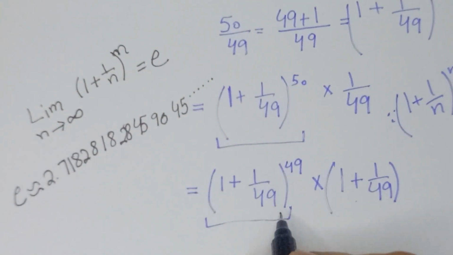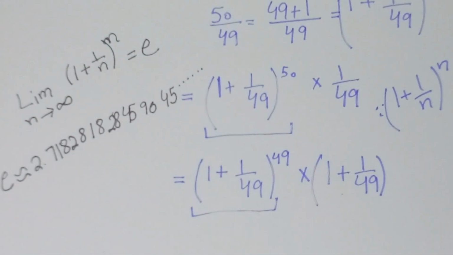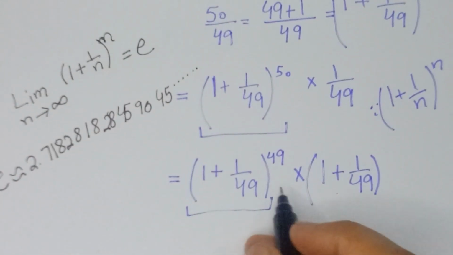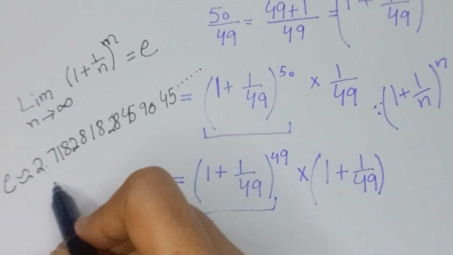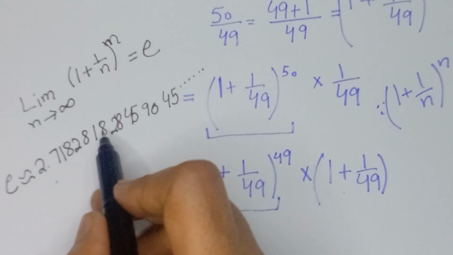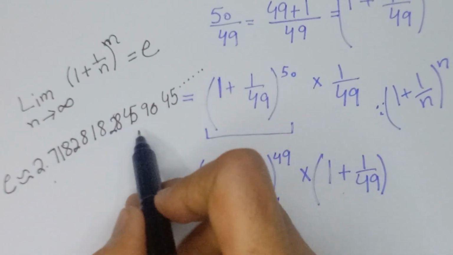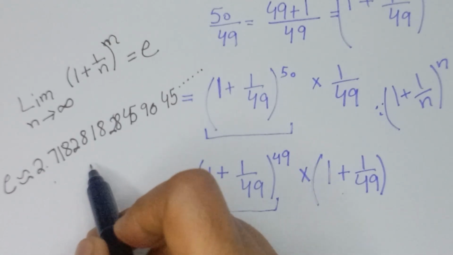For this equation, it is very easy to understand. Why? Just have a look here. e is equal to 2.71828 and so on. So this number is definitely smaller than 3.